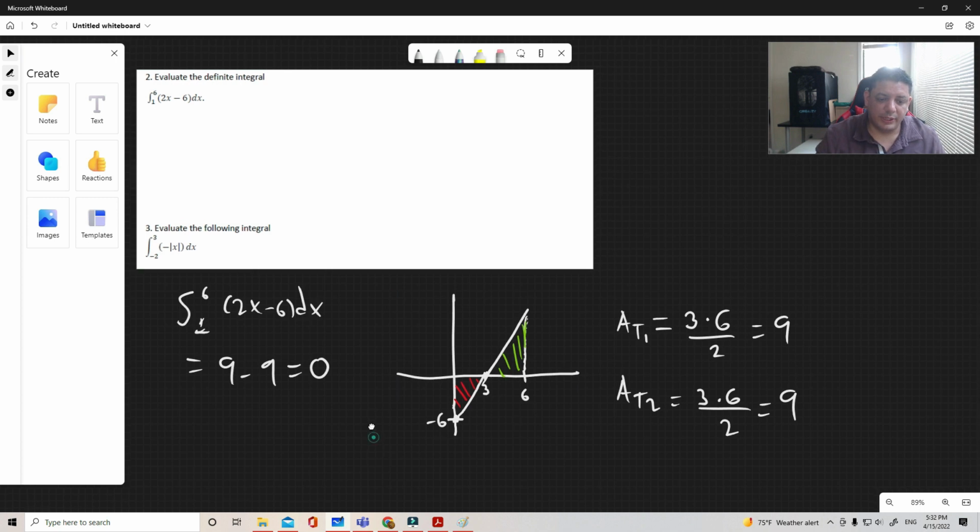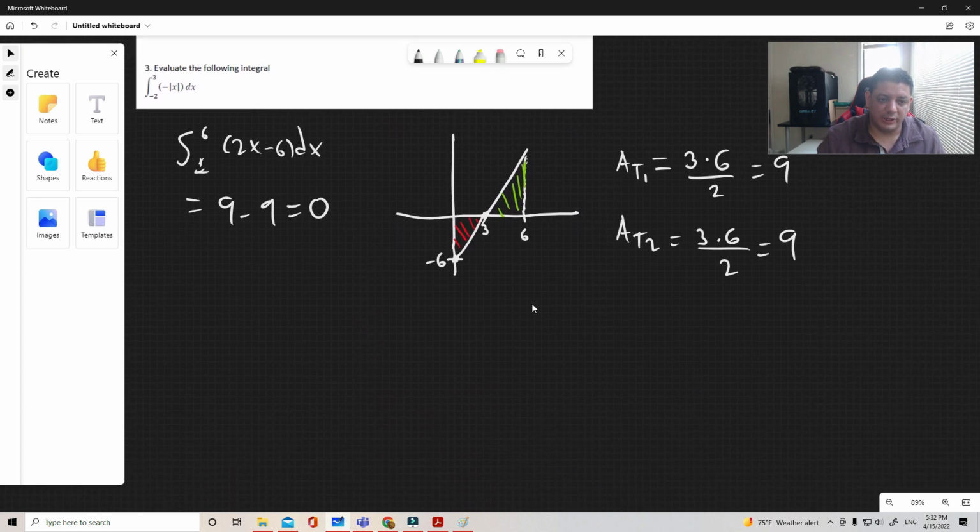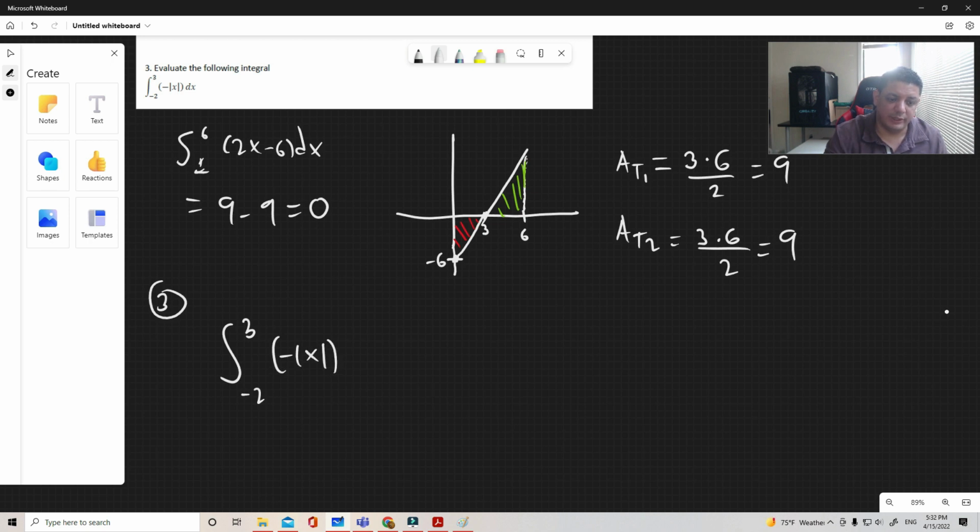Now let's go with another integral, which is going to be the integral of the absolute value of x multiplied by a minus, between minus 2 and 3. So we can construct the area of this by recalling what the absolute value graph is. The absolute value graph looks somewhat like this, like a triangle.